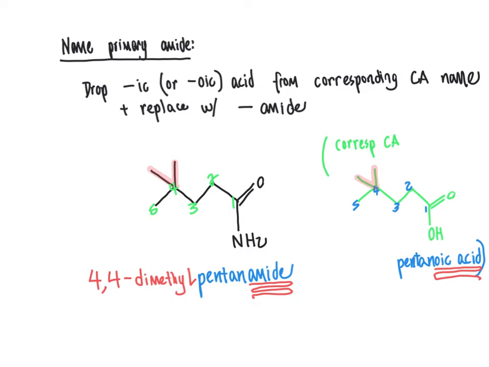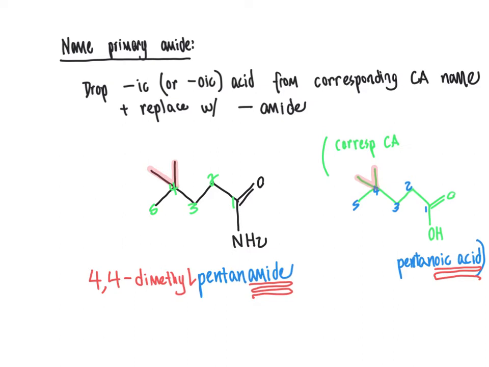And then from there, we come up with the location and name of the branches. So at position 4, there's two methyl groups, so we call it a 4,4-dimethylpentanamide here. As the way of going about naming primary amides, it is as straightforward as taking the carboxylic acid name and replacing the term ic or oic acid with the term amide.